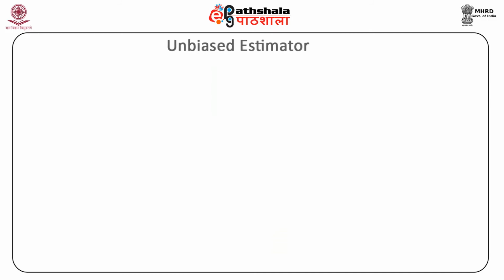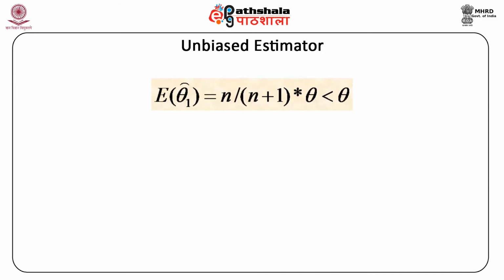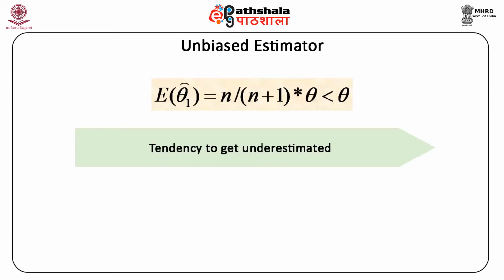Precisely, it can be shown that the expectation of theta hat is equal to n upon n plus 1 into theta, which is less than theta. Hence, this estimator has a tendency to underestimate, and hence creates a bias in the estimate.